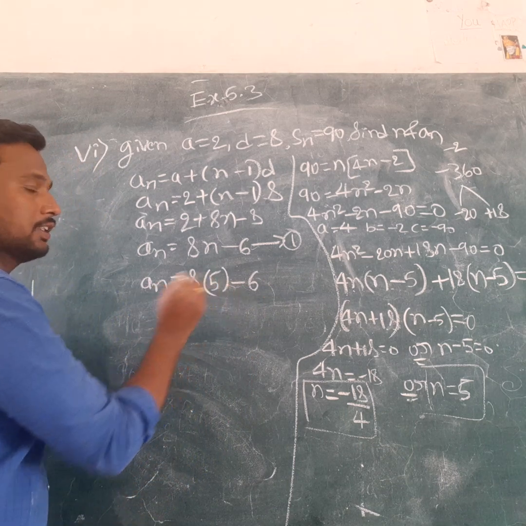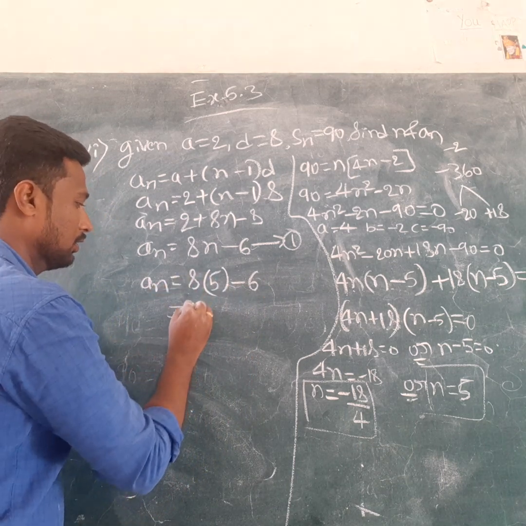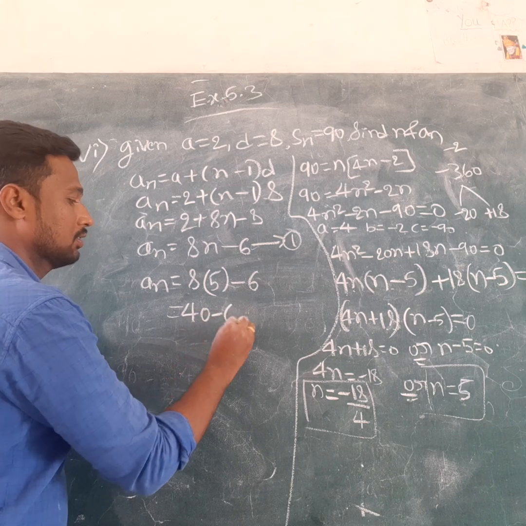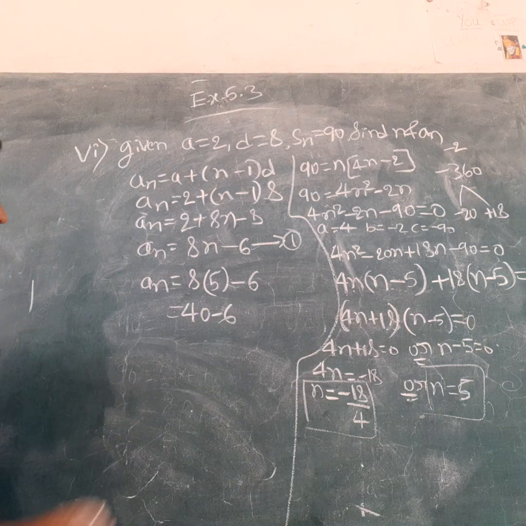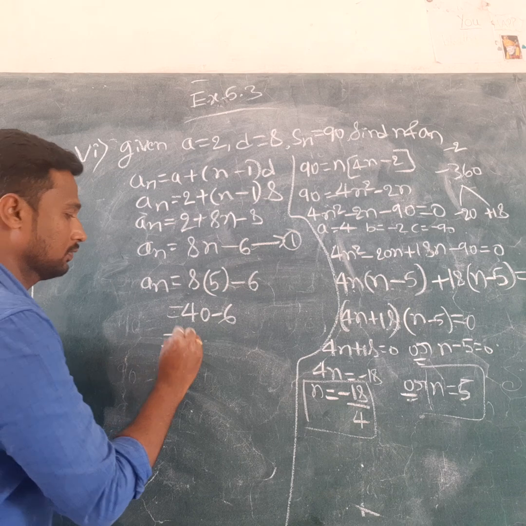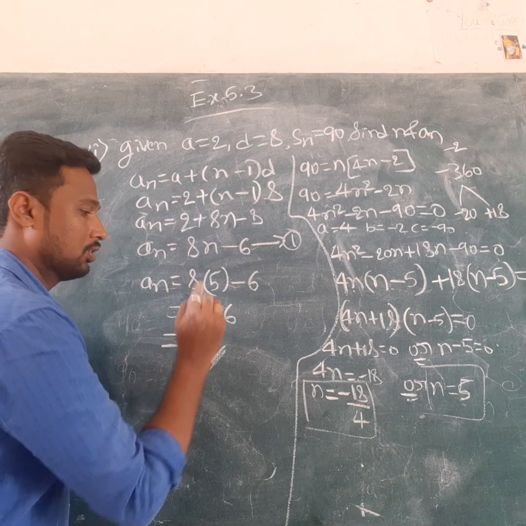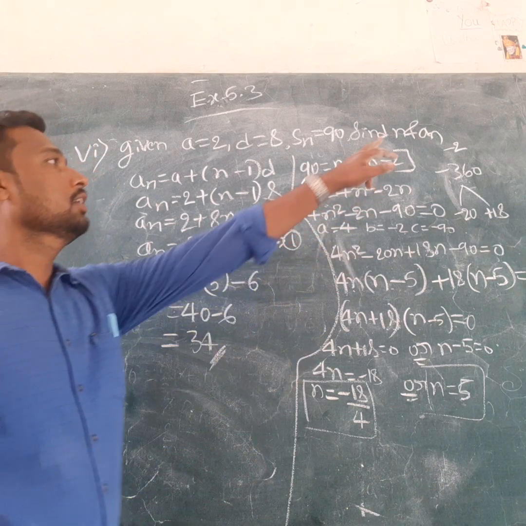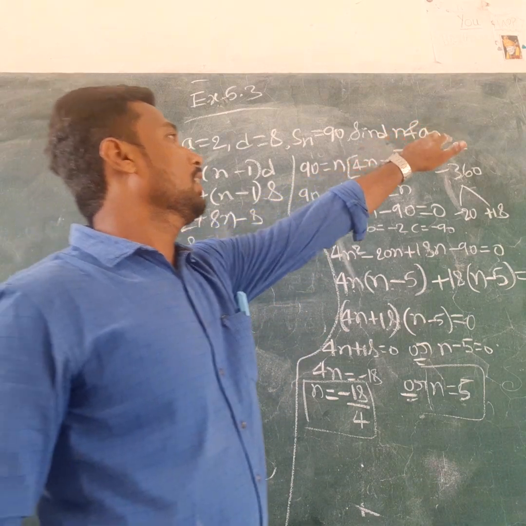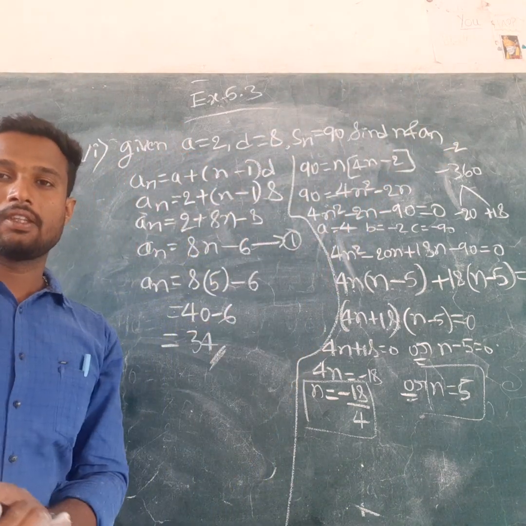Now 8 5s are 40 minus 6. What is the answer? 40 minus 6 means 34. So now we have calculated the n value and the an value.